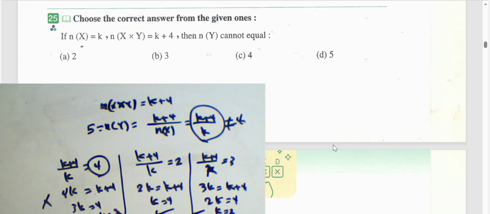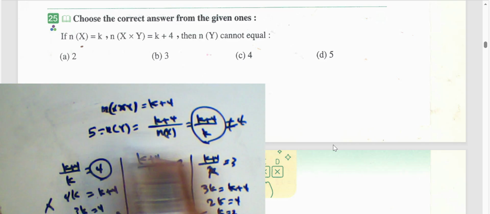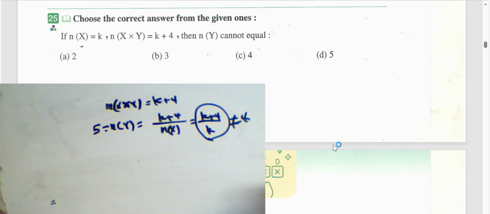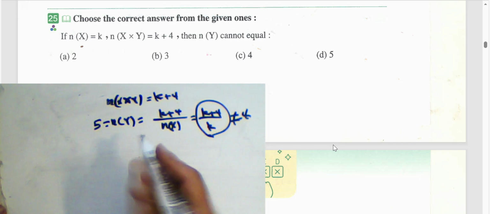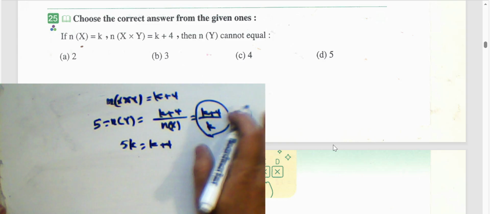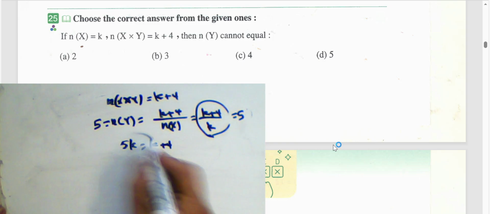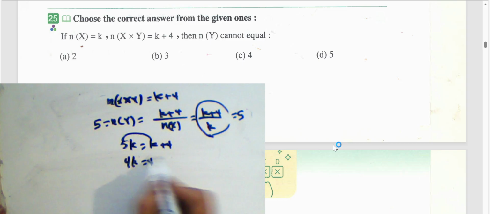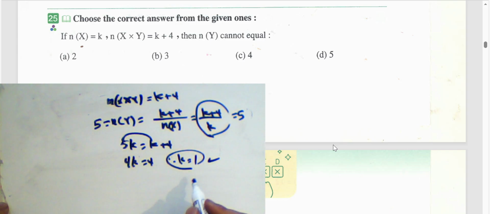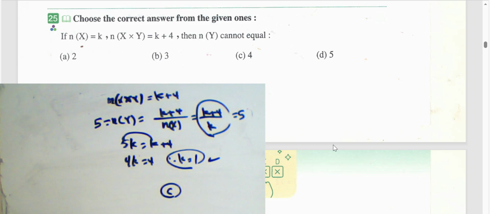But look at the steps. K times 5 will be 5k equal k plus 4. Then if we move it, we have 4k equal 4. If we divide by 4, then the value of k will be 1. It's correct. So it's not correct at letter C, where number of y equals 4. Then the solution here is not correct for letter C. Choose letter C.